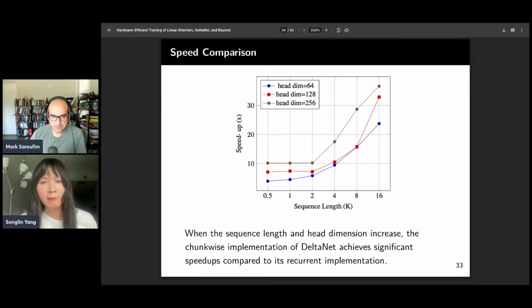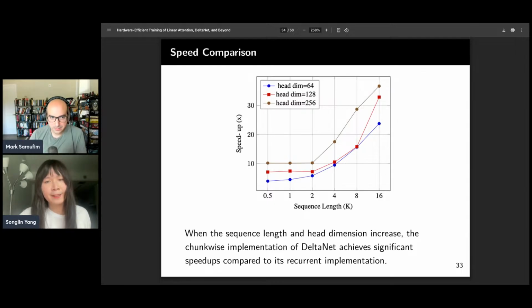So when we have a longer sequence, we must reduce the batch size for each computation. For smaller sequence lengths, we have a very large batch size, and this batch size dimension could provide a lot of opportunity for parallelism, right?